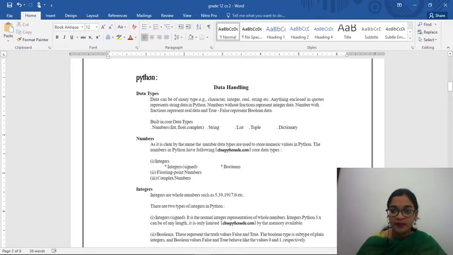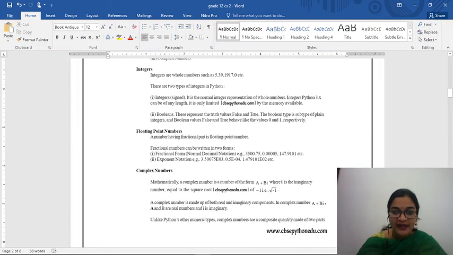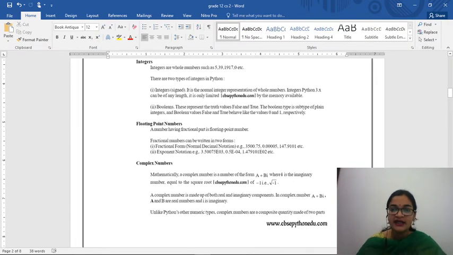What do you mean by complex numbers? Complex numbers are of the form a plus bi, where i is the imaginary part. I think most of the mathematics students, MPC students, will know this equation. When I say a plus bi, i is an imaginary number, and you can also write it as the square root of -1.